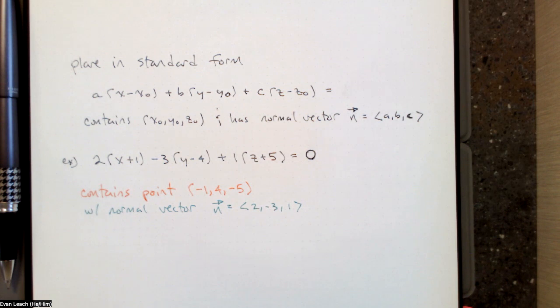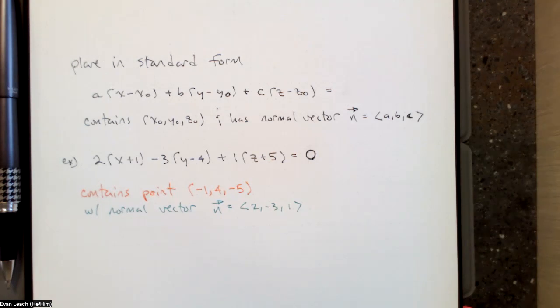Now we need to learn how to use this information. If we want to find other vectors in this plane, we can just plug in more points. Plug in an x and a y and find a z, and then we'll find another point on that plane and connect a vector from a point that we know is on the plane to another point that we know is on the plane.